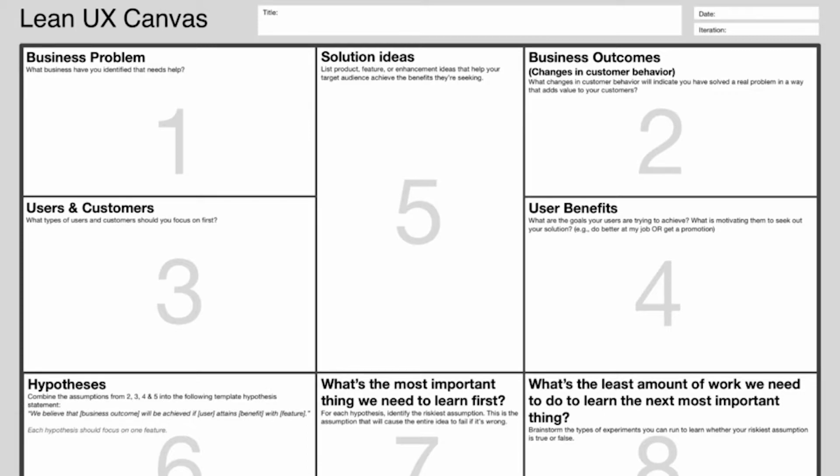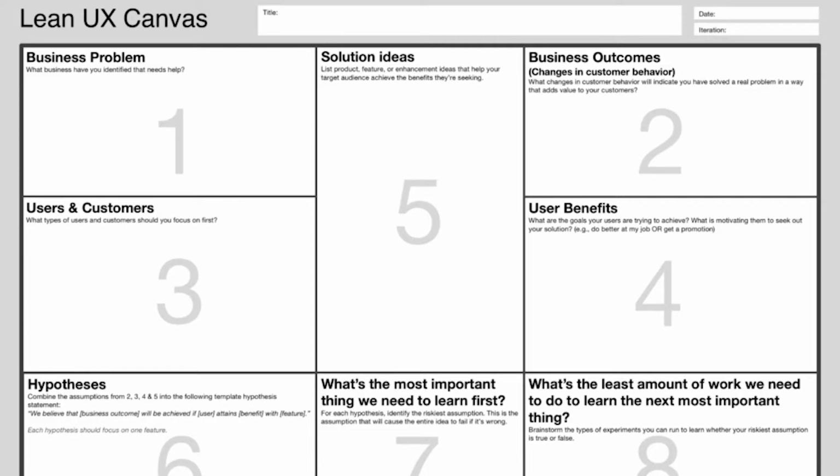Then I move to block number 2. Based on the problem identification we got from the executives, the subject matter experts, and the multiple back and forth conversations with them, we land on hopefully one unified business outcome.